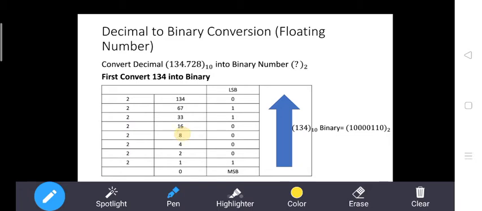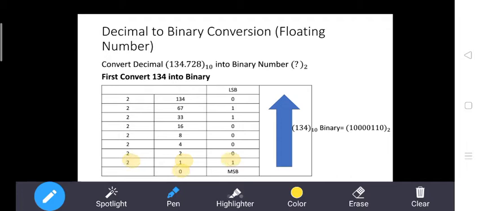Next, 8 divided by 2, answer will be 4, remainder is 0. Next, 4 divided by 2, answer will be 2, remainder is 0. Next, 2 divided by 2, answer will be 1, remainder is 0. Next, 1 divided by 2, answer will be 0, remainder is 1.